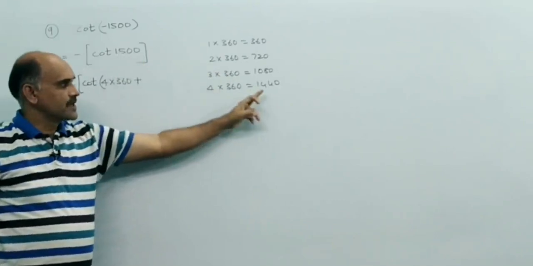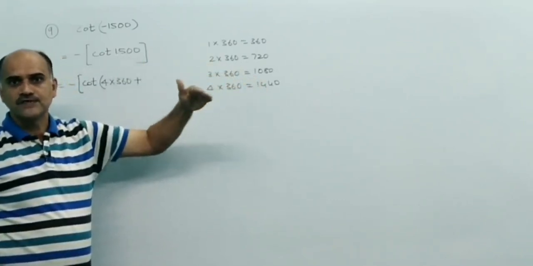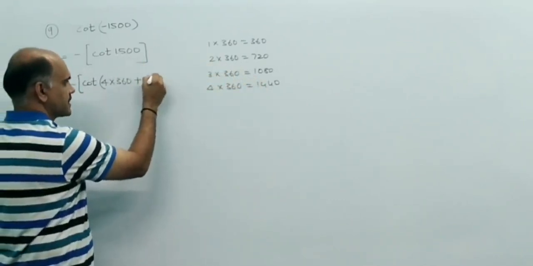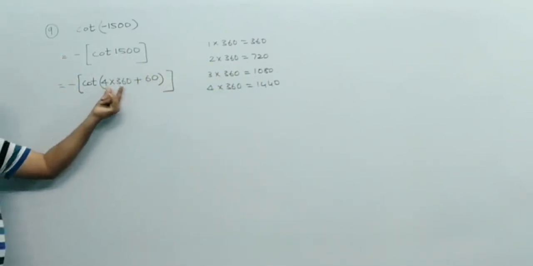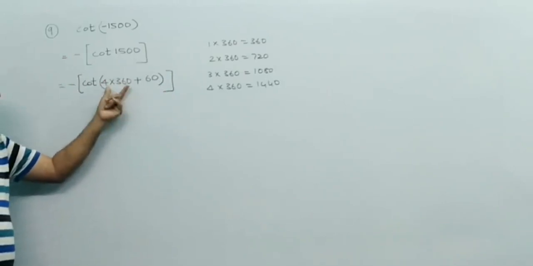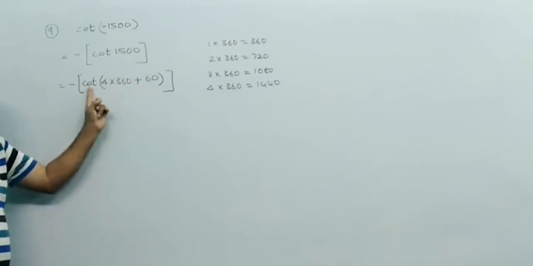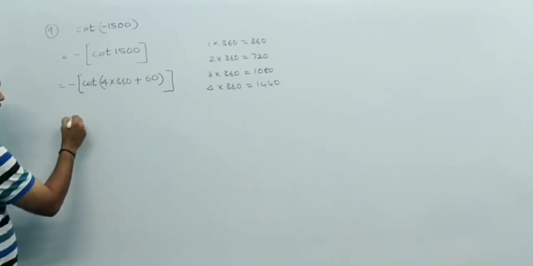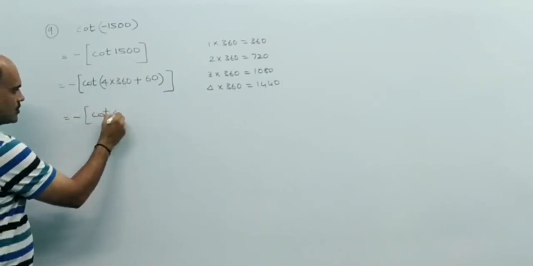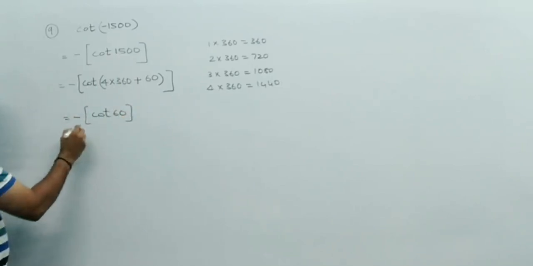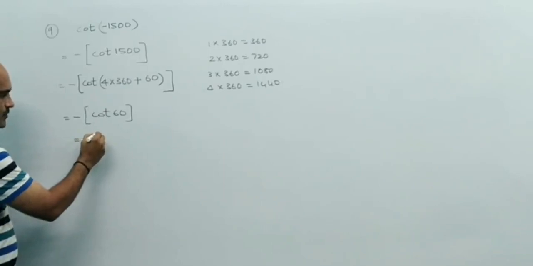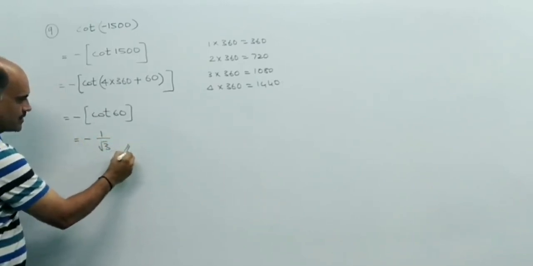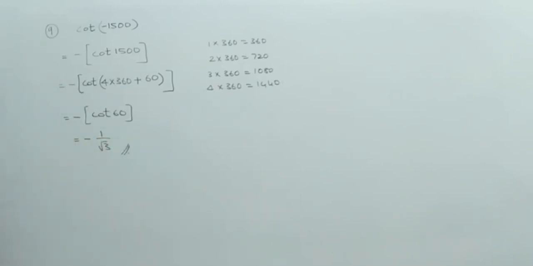It is greater by what angle? 1500 minus 1440, you will get 60. Again this term 4 into 360 you leave. What remains? Cot 60. So minus cot 60, and the value of cot 60 is 1 by root 3. So minus 1 by root 3 is the answer.